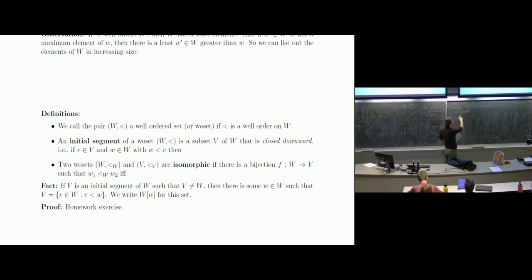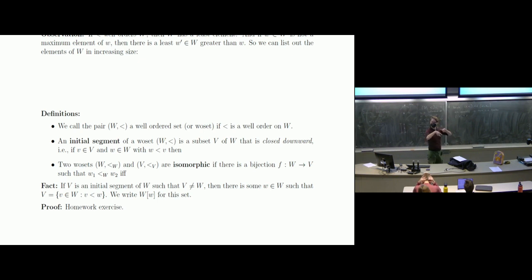But so W sets are isomorphic if there is a bijection F, from V to W. Oh, I've written it the other way around in my notes. That's unfortunate. From W to V. It's the same, right?